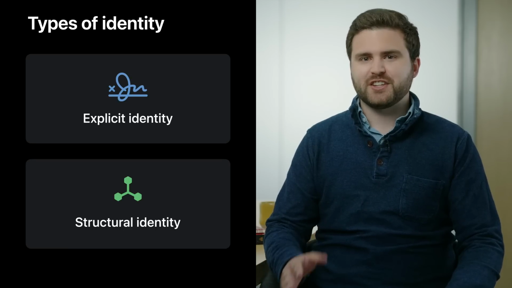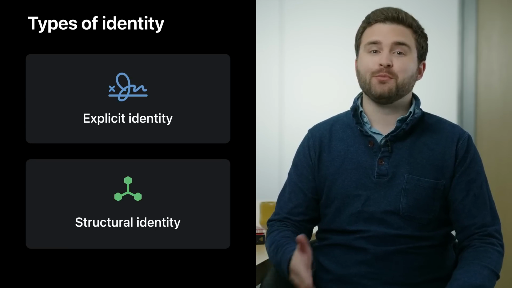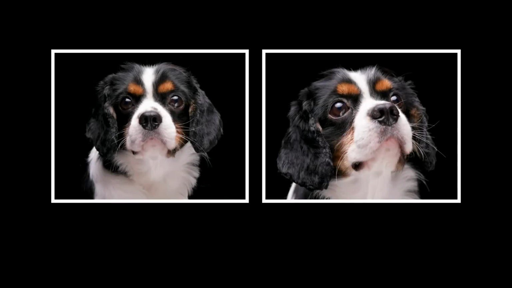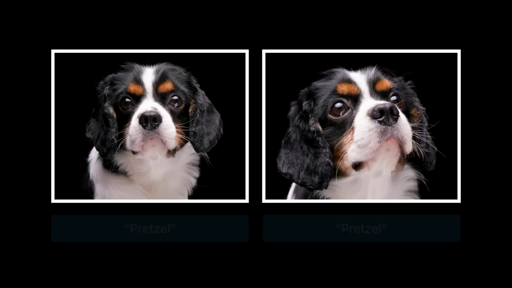Now, to help understand these concepts, let me introduce you to some more of my friends. Okay, remember that it can be difficult to tell dogs apart, especially when they look the same. So what kind of extra information would help us identify our dogs? One way would be to simply ask for their names.